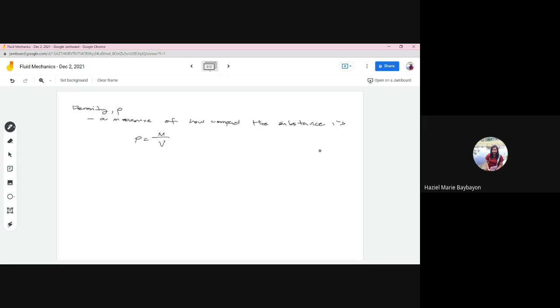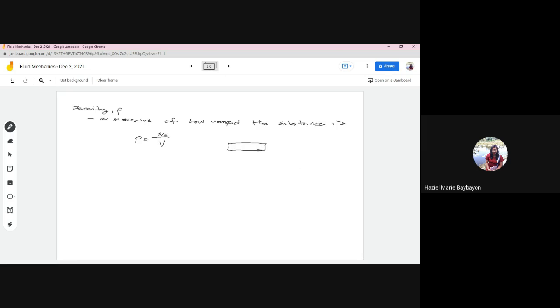So for example, if you have a gold bar, you can get its mass, and then measure its volume. If this is a rectangular bar, you can get the volume by measuring the length, width, and height of the object.